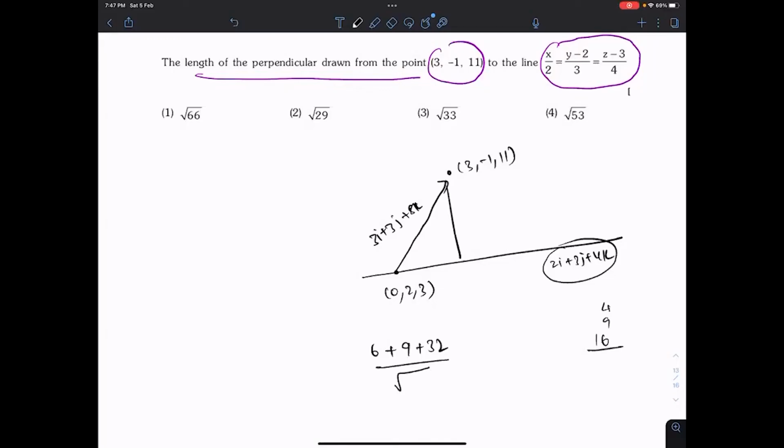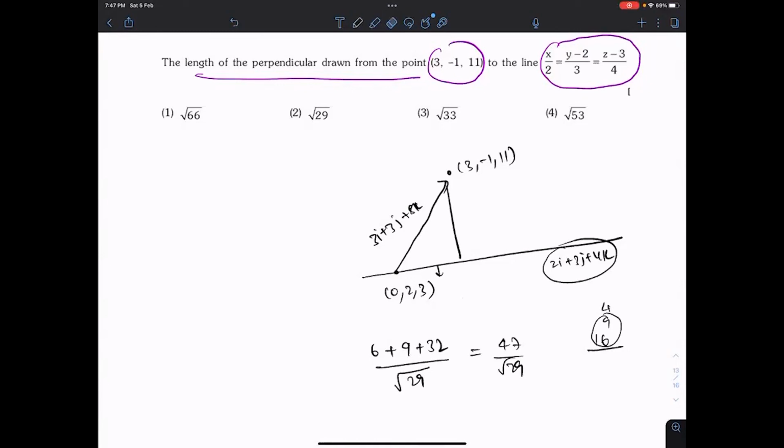If you add them, how much do you get? 29. So overall it will be 47 by root 29. It should not give such large values, no? I think I made some calculation mistake.